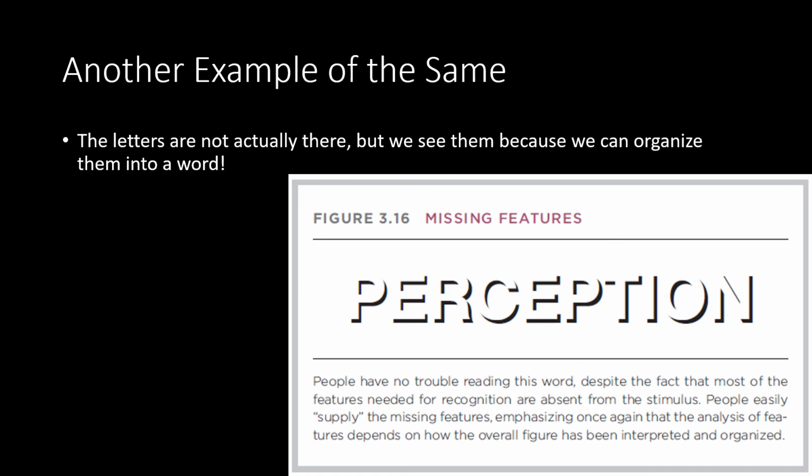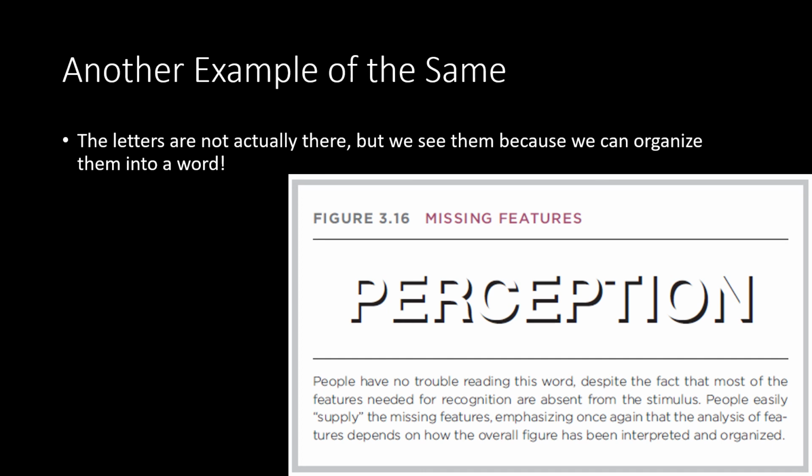Another example of this is here, where you can, without any trouble whatsoever, read the word perception. Yet if you look very closely and specifically at the various pieces of information given, it doesn't actually spell a word. These are just a bunch of weirdly angled and curved black lines of varying thicknesses, right? For example, the C looks like a crescent this way and another crescent this way, but we still see it as a three-dimensional C, and thus read the whole word perception.